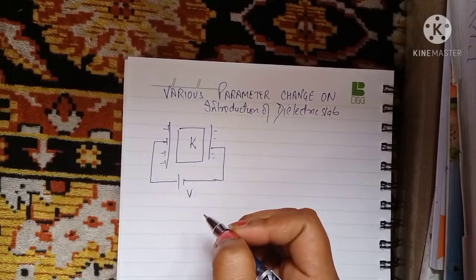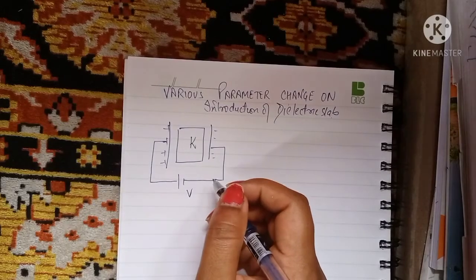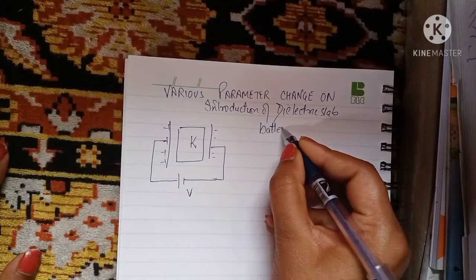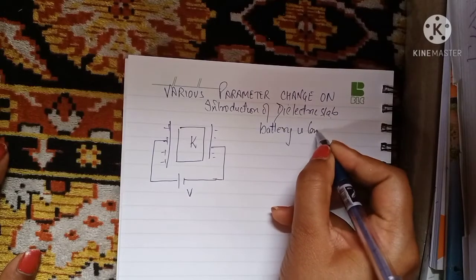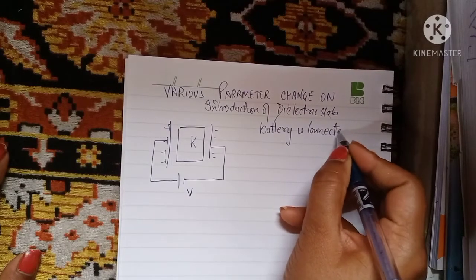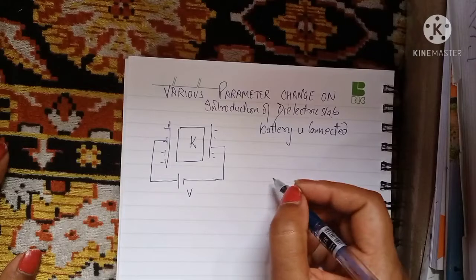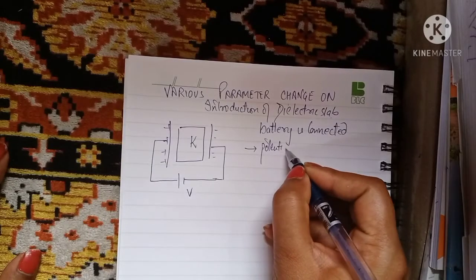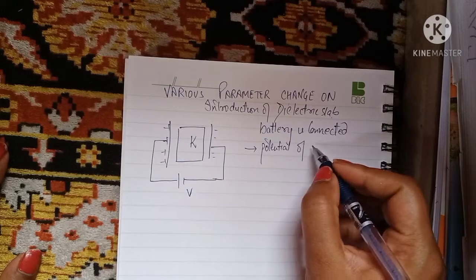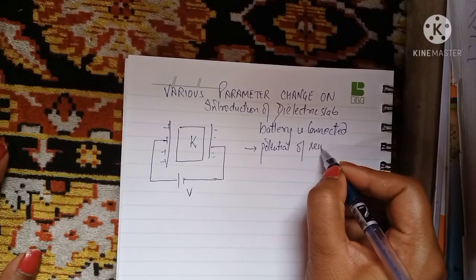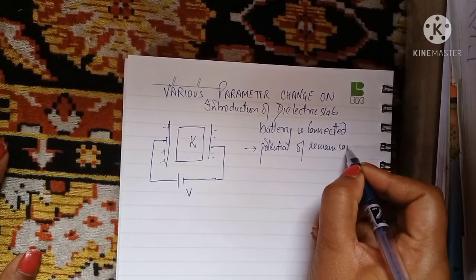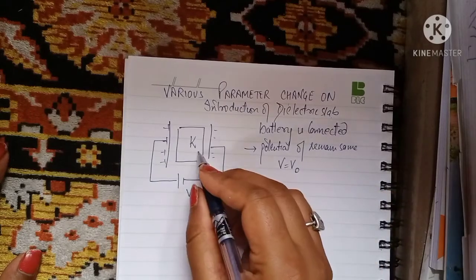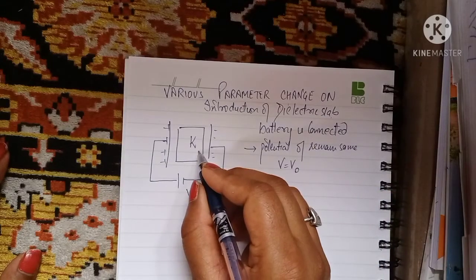That is V. So in this case, whenever the battery is connected, the potential across the plates is going to be the same. Remember this thing, potential is not going to change. If you applied a potential of 5 volt, then the potential remains the same on introduction of the dielectric slab.